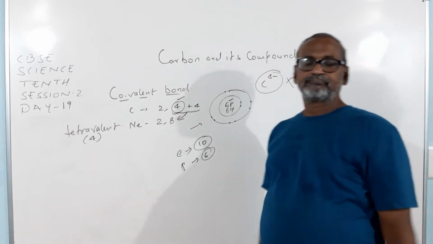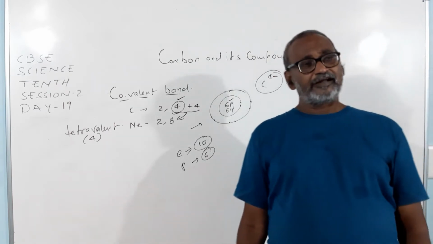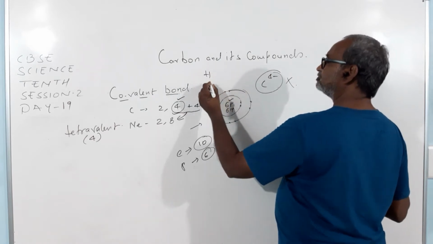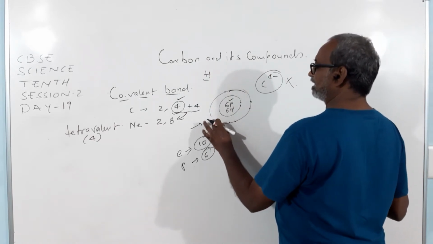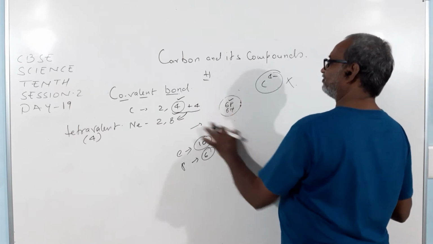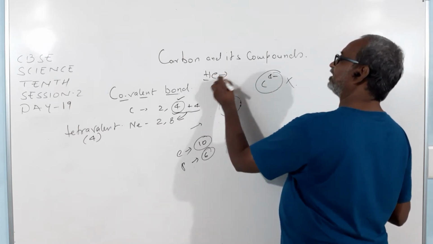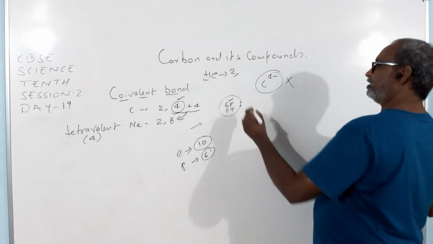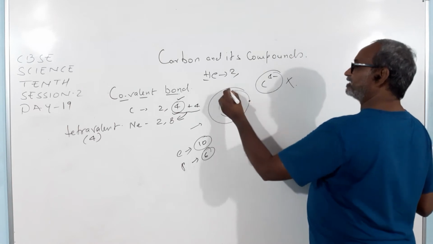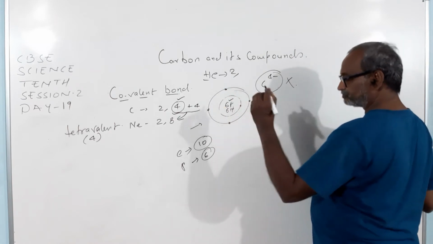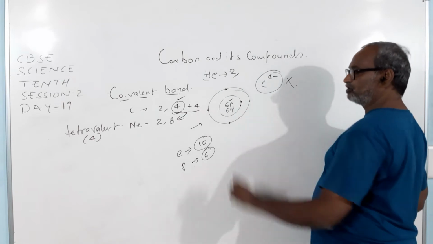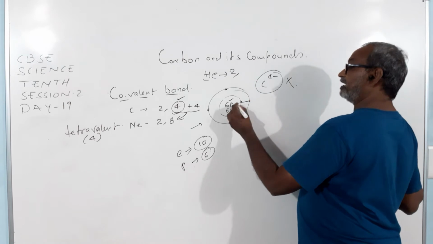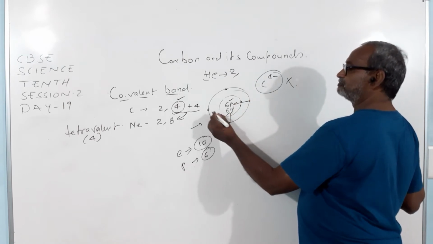Now let's see whether carbon atom can lose 4 electrons from its outermost orbit so that it will have an electronic configuration of helium. So 4 electrons and 2 electrons in the first orbit. Now these 4 electrons are strongly attracted toward the nucleus.